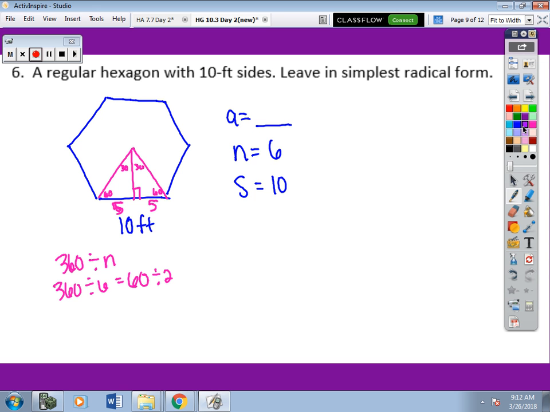So now we use our special right triangles. Across from the 30 is s, so s is 5. Across from the 60 is s root 3. So this would be 5 root 3, which is my apothem. This would technically be 10, but you don't need to find that for the problem. Now we can use our area formula.